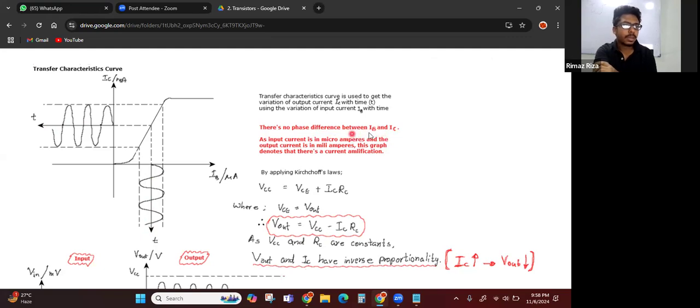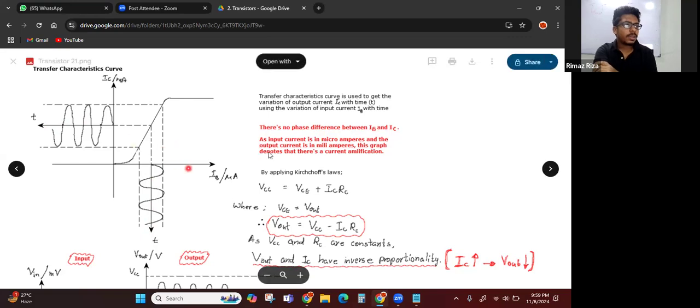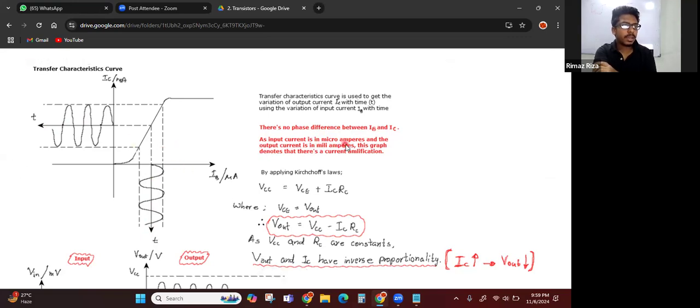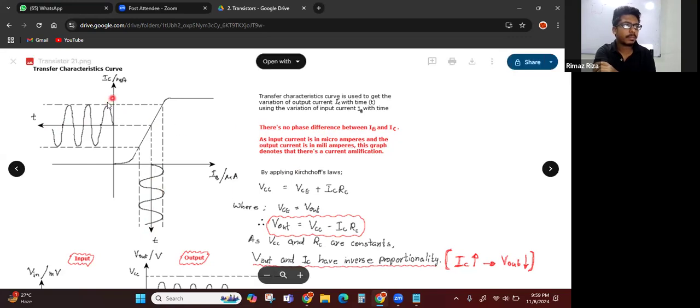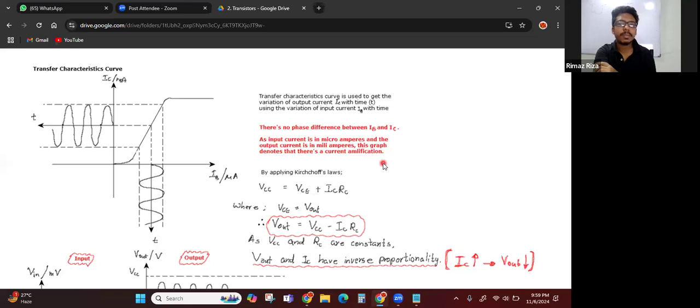Okay, because we are using this common emitter configuration, we studied that in common emitter configuration, there is no phase change. As input current is in microamperes and the output current is in milliamperes, this graph denotes that there is a current amplification. So it is very clear that current is amplified.